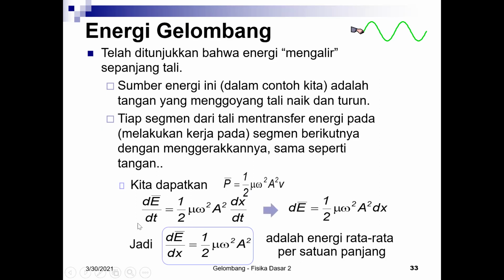So this is the average power. This is basically the derivative of the average E over dt. So we get that this average energy per length is equal to this one.